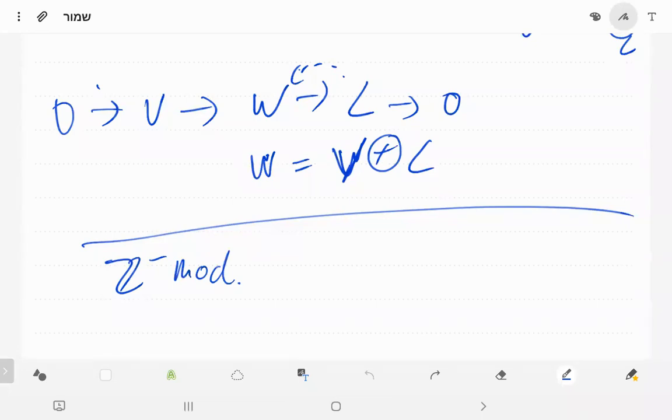Oh, somebody want to say something? In the previous example, can you explain please what are the isomorphisms, the quasi-isomorphisms, or I mean, why is it a localization?